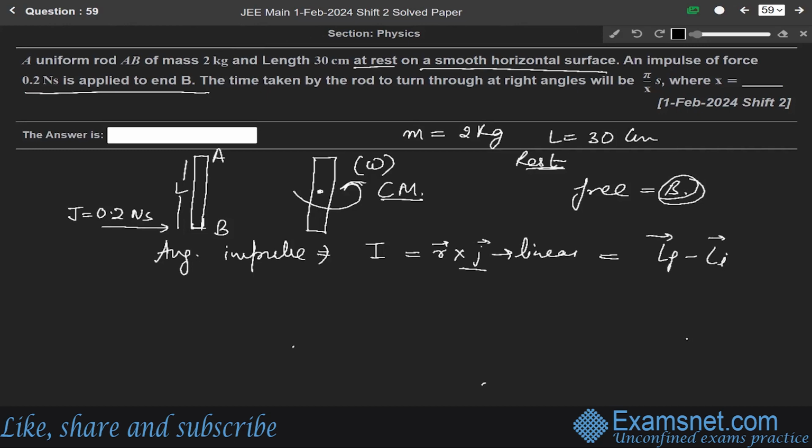Okay. Now, since the rod is of length L, from the center of mass it is L by 2, and the impulse is acting in this direction. So this angle will be 90 degrees. So we can write L by 2 into 0.2 into sine 90.